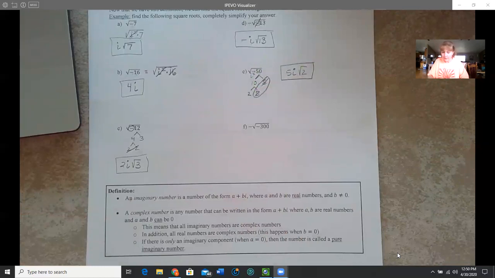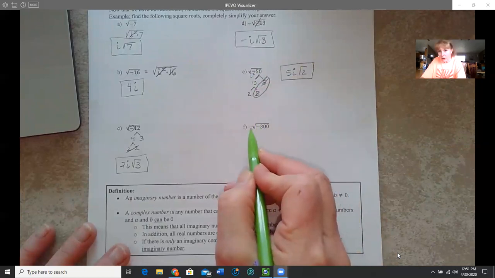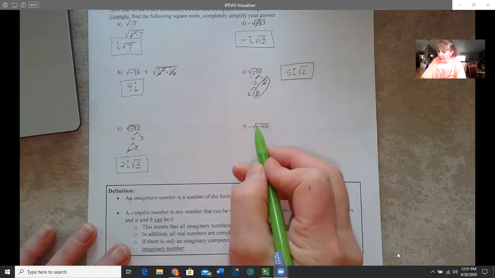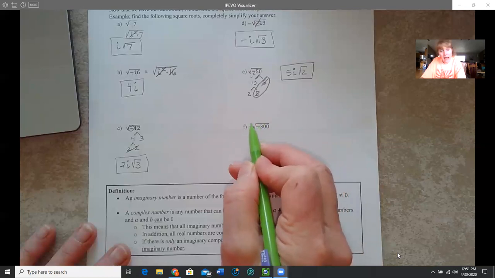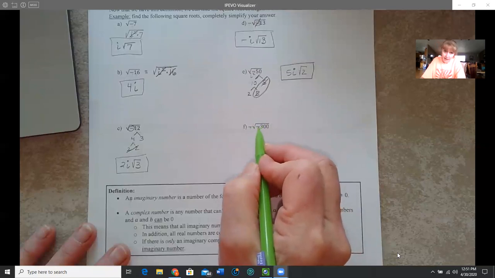Again, let's try this next one, F. The negative outside. So, don't be tempted to say, okay, a negative and a negative is a positive, because that's not how it works. You can't just bring that negative in, and you can't just bring the negative out. This negative has to come out as an i.